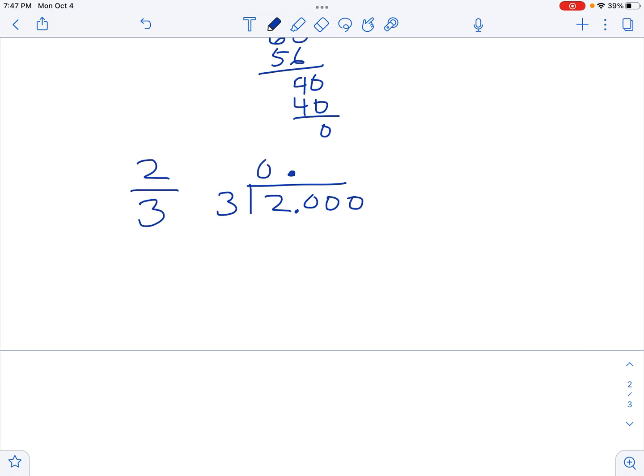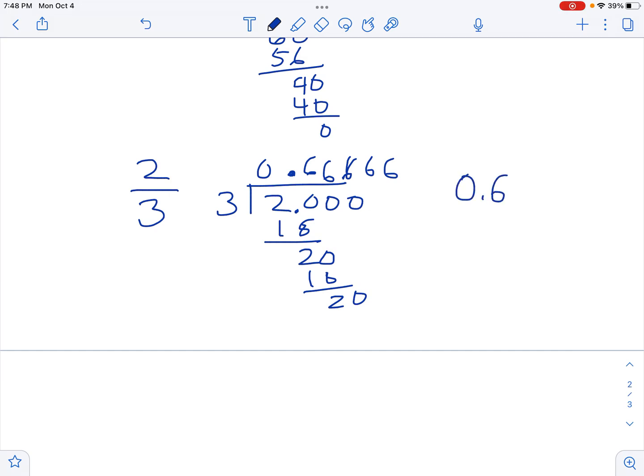Okay, 3 doesn't go into 2, so that's a 0. 3 goes into 20. Let's see, 3 times 6 is 18, so that's 6. And I get a 2. Now notice what happens. I bring down the 0, I have another 20. I'm going to get a 6 again. 6 times 3 is 18. Bring down the 0. I keep getting 20s. So the 6 is just going to keep repeating, and I know that by doing the long division.